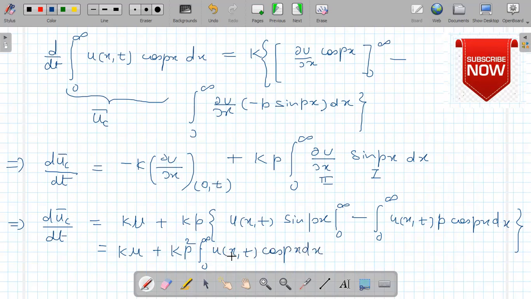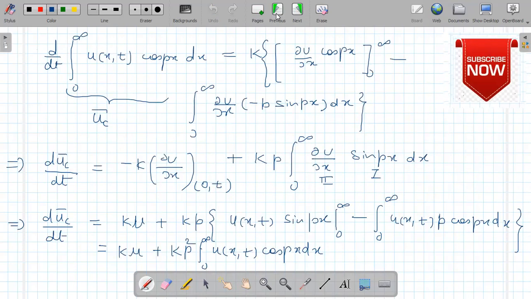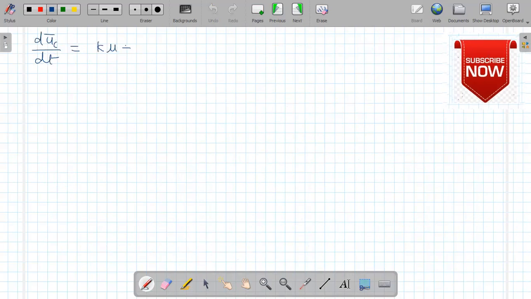So this is nothing but Fourier cosine transform of the function u. So this integration can be replaced by uc bar. Okay, so we can write duc bar over dt equals k mu plus kp square uc bar.